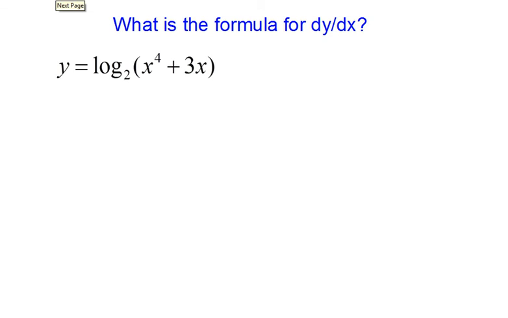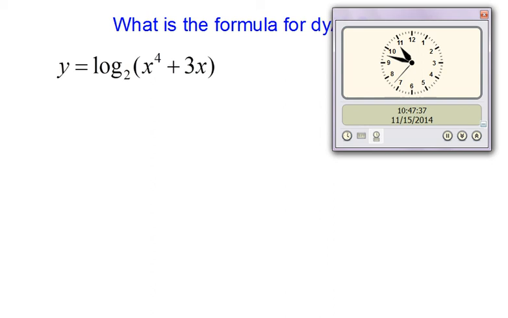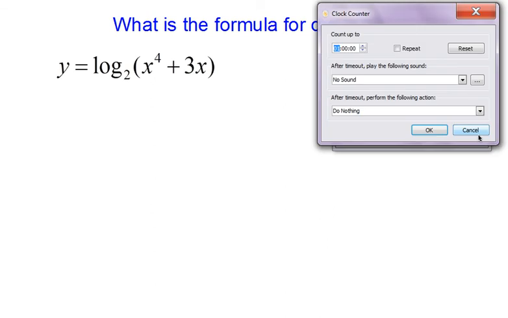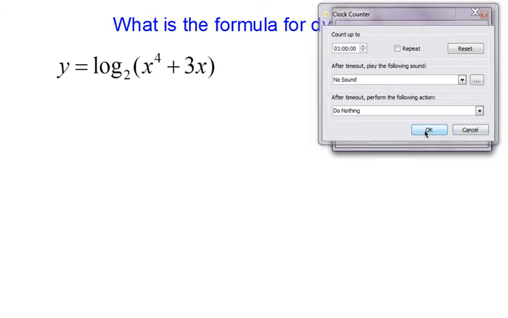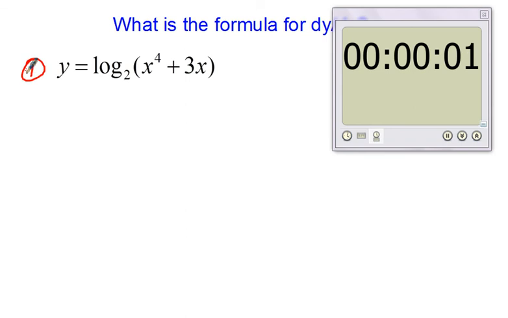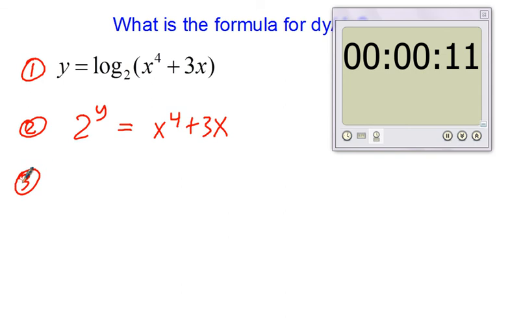What is the formula for dy dx if y is the base 2 log of x to the fourth plus 3x? And I'll again use a timer to keep track of how long this takes me. All right, here goes. I'm going to rewrite this as an exponential problem. Hit both sides with the log, bring the power down.